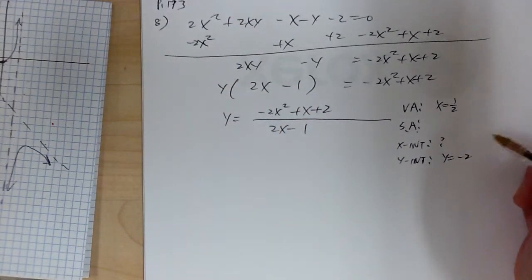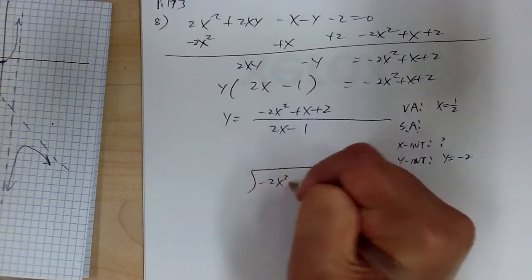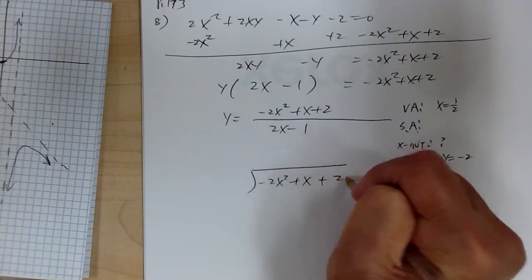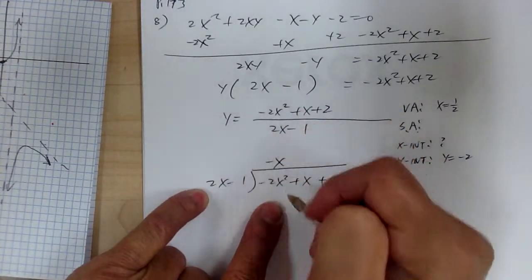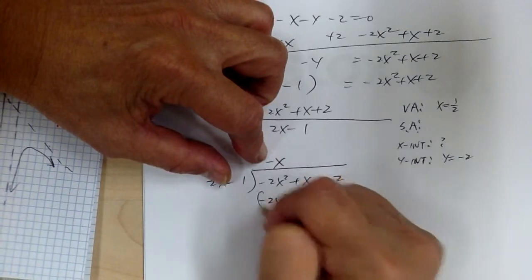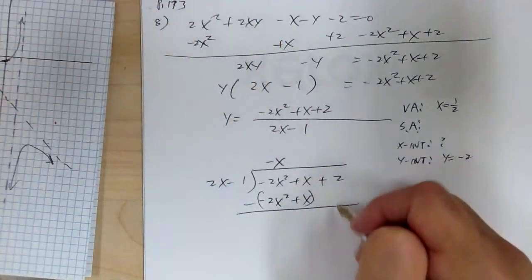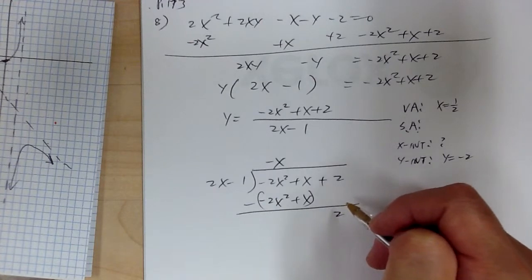Now let's do the slant asymptote. From here, you're going to get negative x. So it will be minus 2x squared plus x. Subtract, and so this all swaps out. Okay, that's kind of nice.